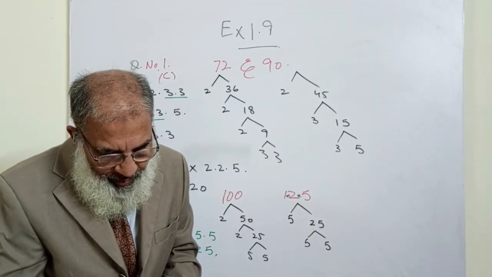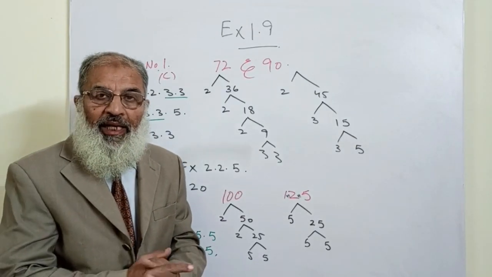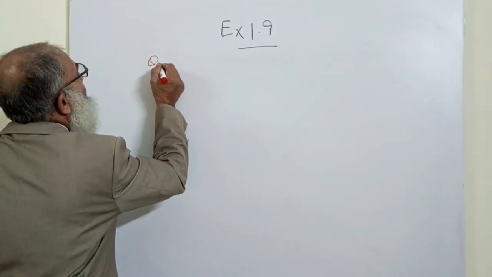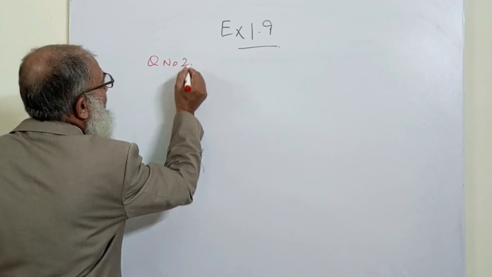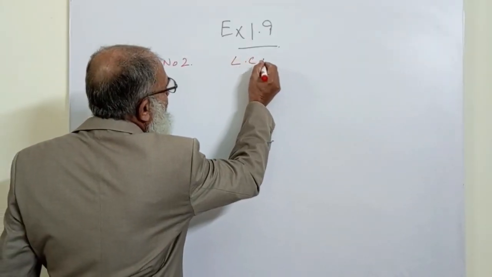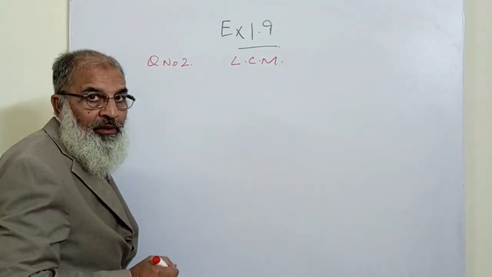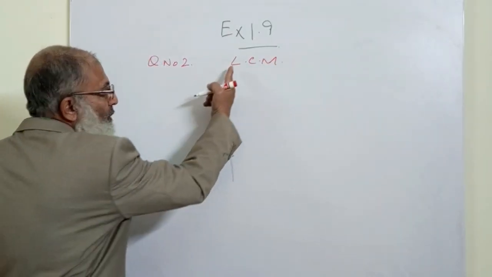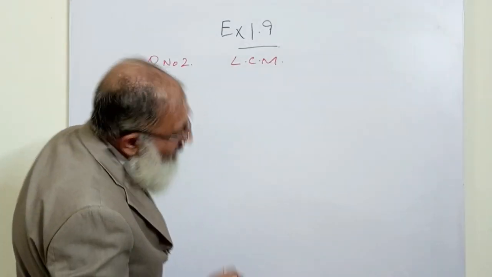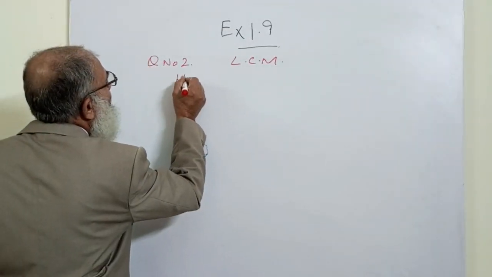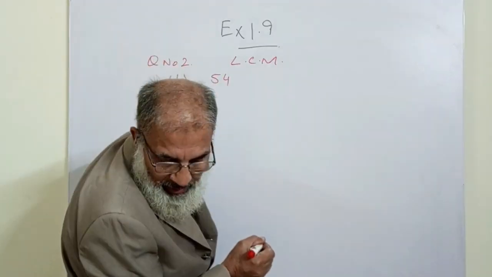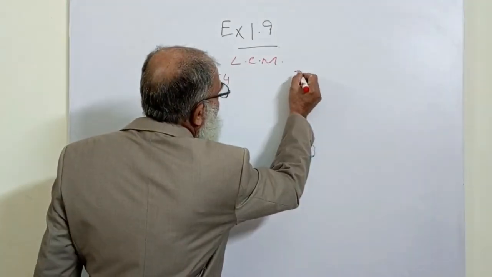Question number 2, and I have to find the LCM. Now dear students, start from question number 2, and we have to find the LCM now. Remember LCM? Lowest common multiple. Start from part B, and part B says 54 and 72.